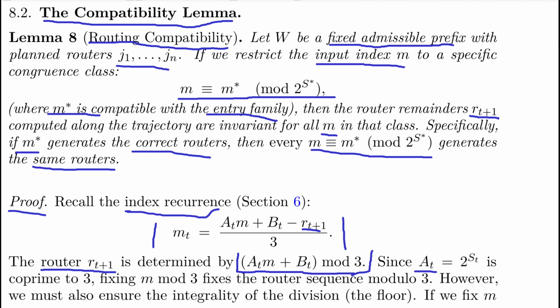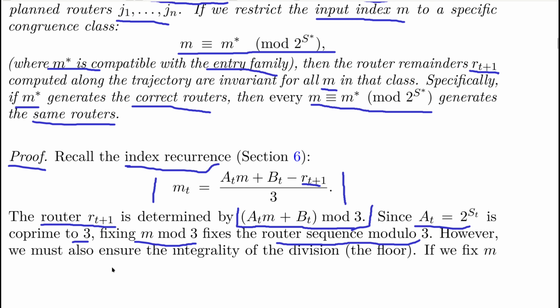Since A_T, which is equal to 2 raised to S_T, is co-prime to 3, fixing M mod 3 fixes the router sequence modulo 3. However, we must also ensure the integrality of the division, the flow.